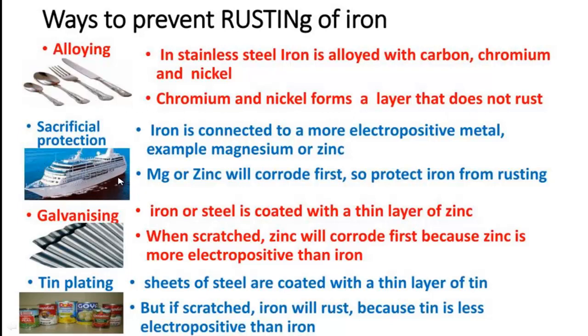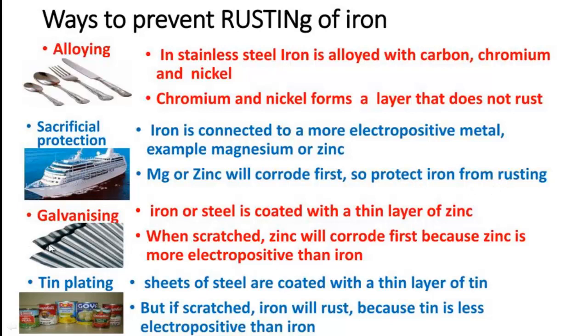Now iron is connected to a more electropositive metal, for example magnesium or zinc. That means when the iron is covered by magnesium or zinc, at first the magnesium or zinc will corrode because it is more electropositive than iron, and so it protects the iron from rusting.